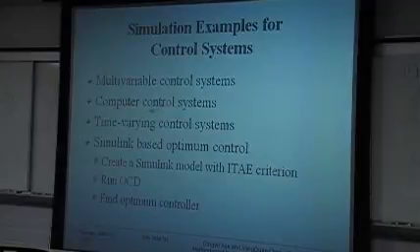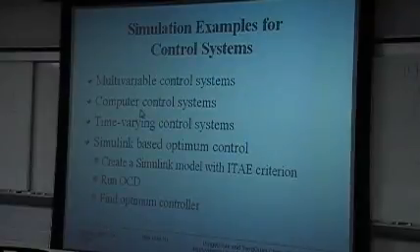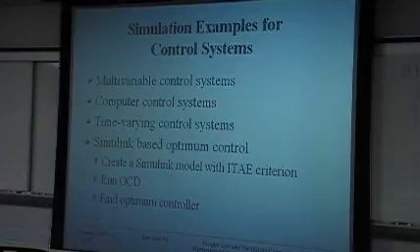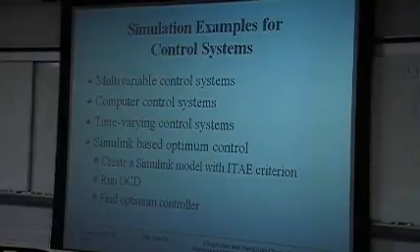And how can we process computer control systems where the controller is a discrete type system, where the plant model may be a continuous type system? And how can we handle time-varying control systems? And these topics are quite difficult to solve with Matlab commands. However, with the use of Simulink, it might be easier to solve.